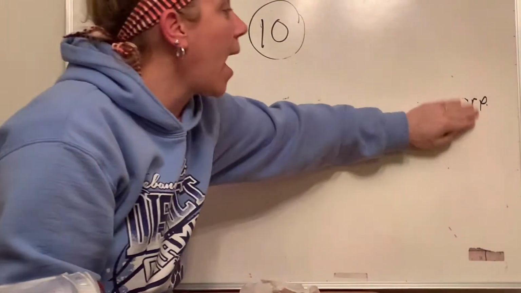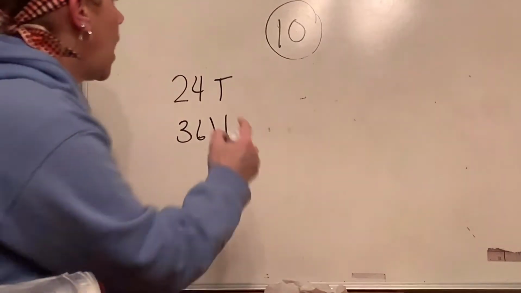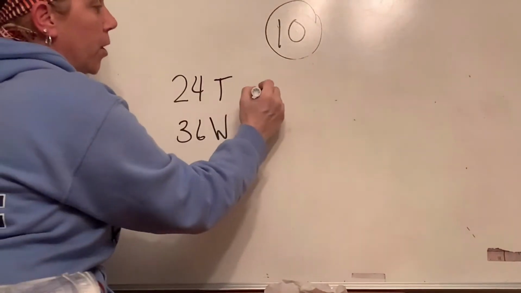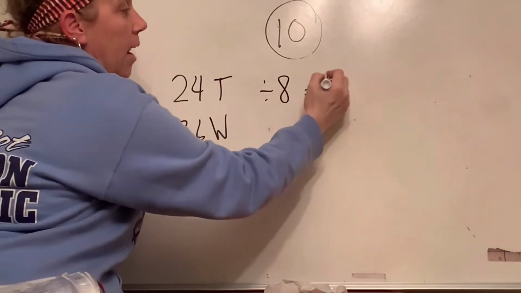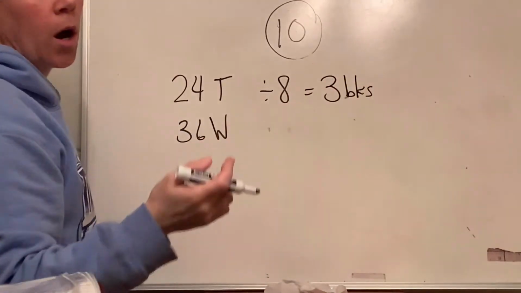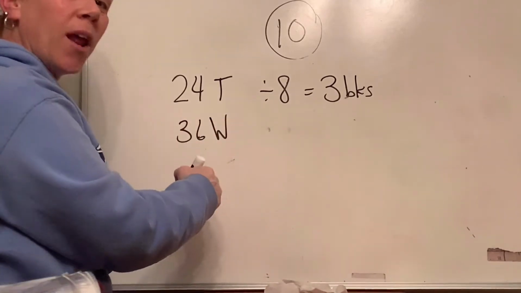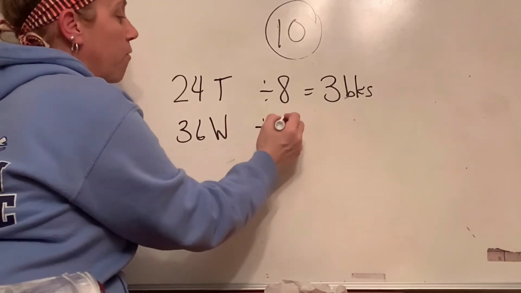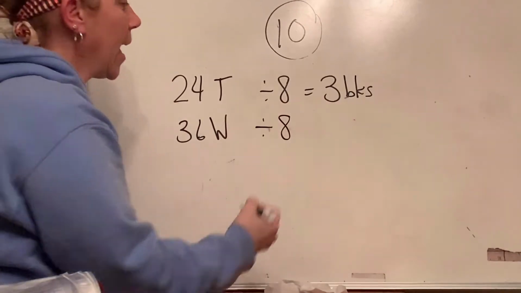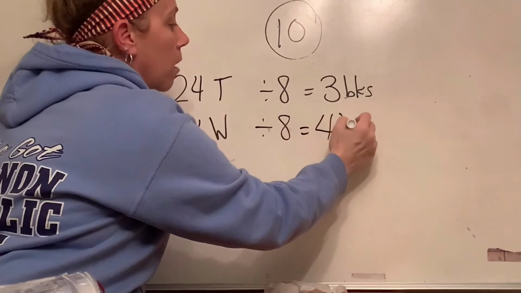So if I would have 8 shelves, I could split the 24 travel books into 8 shelves, and I would get 3 books on each shelf, which goes along with what the supervisor wanted. But then when I come down to the 36 wildlife books, if I divide that by 8, I get 4 books on each shelf.